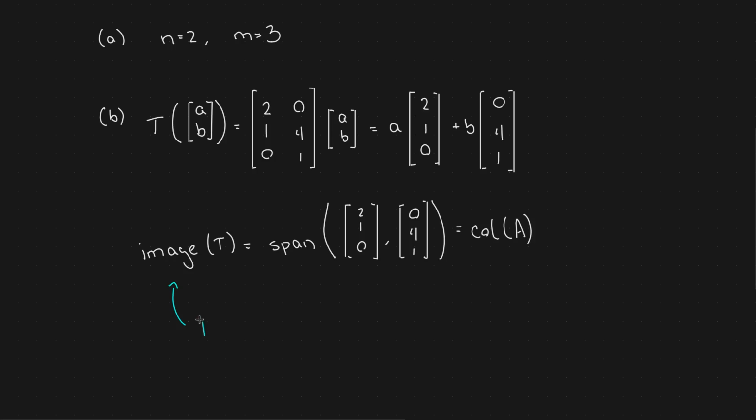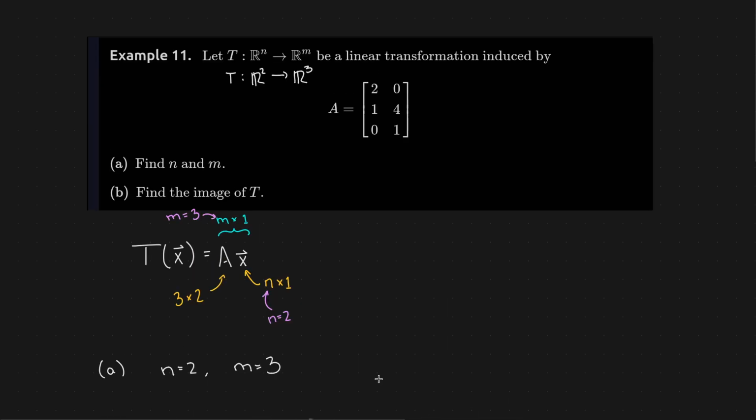So the image of T is going to be a plane in R3. That's the actual space within my codomain that I map to. Every vector from R2 maps to R3, but only into a plane of R3. It doesn't have to fill up all of R3. You don't have to fill up your entire codomain.